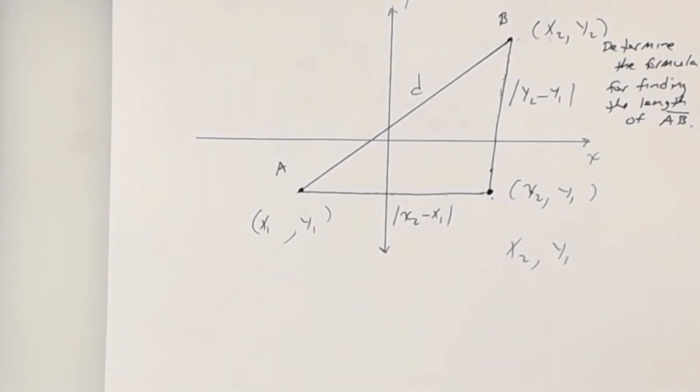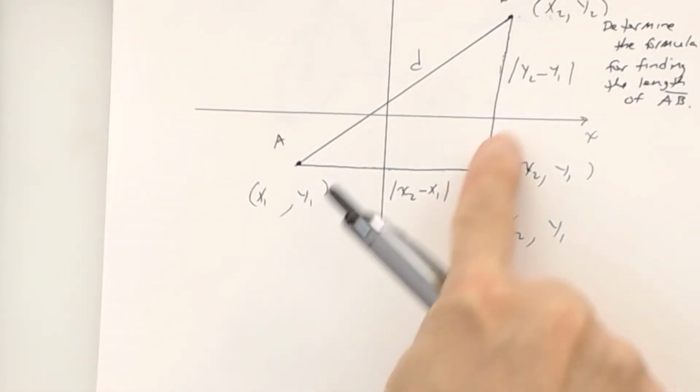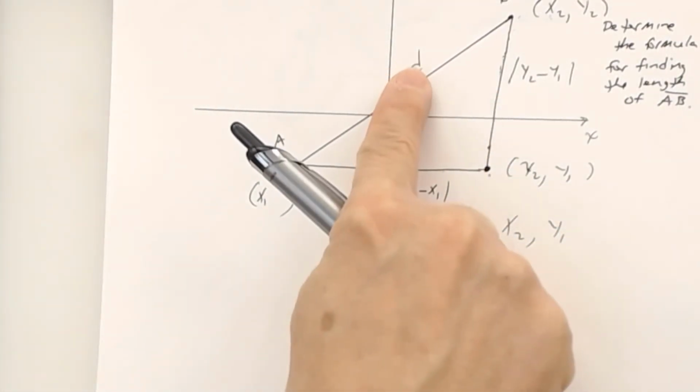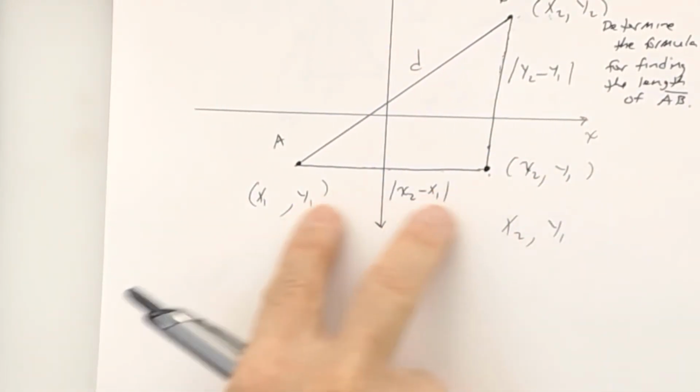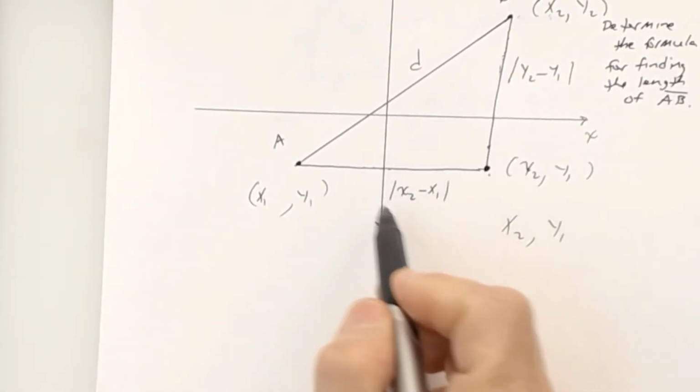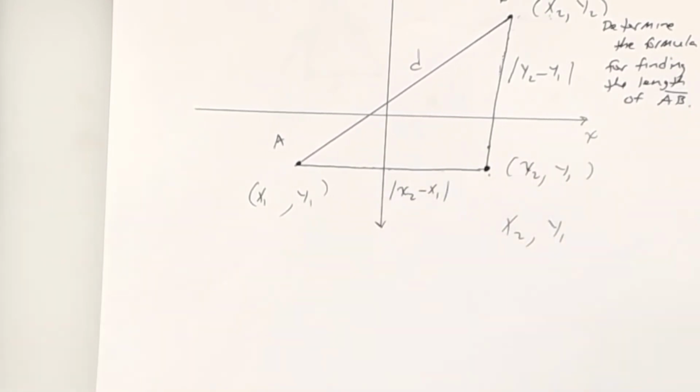All right, so let's use the Pythagorean theorem. Remember, the Pythagorean theorem says I square each of those legs, add them together, and that's going to equal the square of the hypotenuse. So listen carefully. I'm going to square this leg right here. Notice right now it's in absolute value bars, but when I square it, doesn't it automatically make it positive? Yeah.